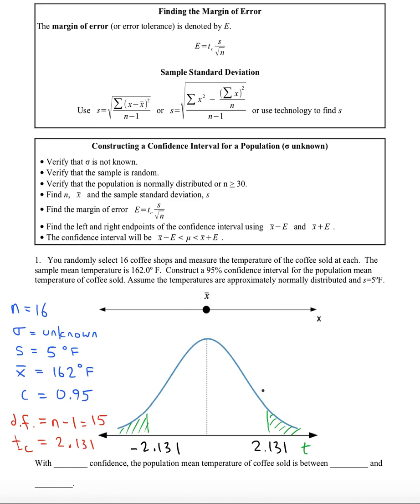We'll trace those up until we can intersect it with our interval above. And this shaded region represents our confidence interval. It's going to be centered around the sample mean of 162.